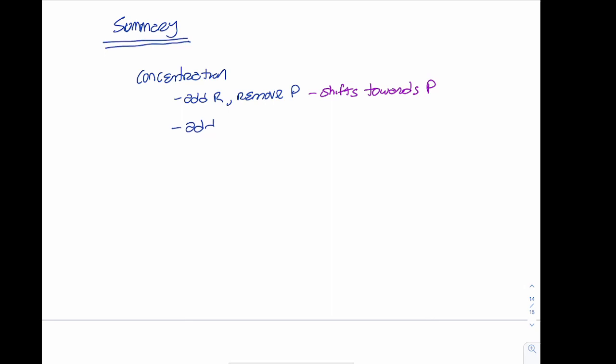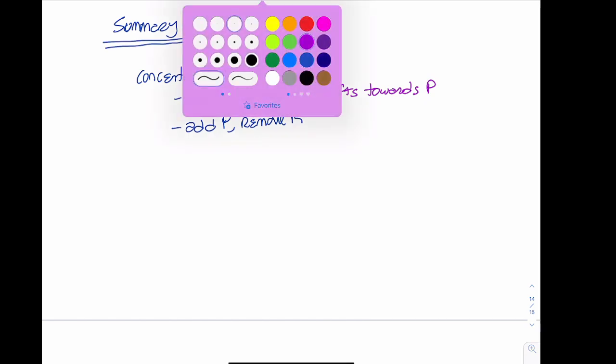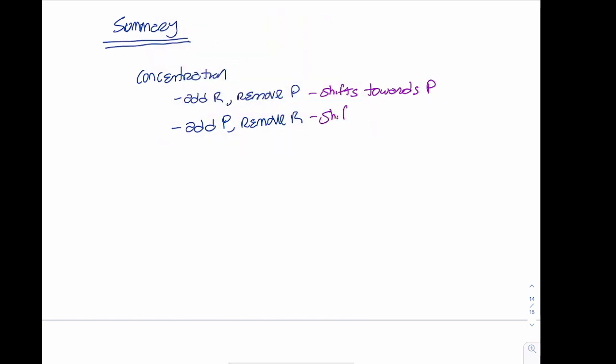If we add a product or remove a reactant, it shifts towards reactants, right? We need to undo what we just did.